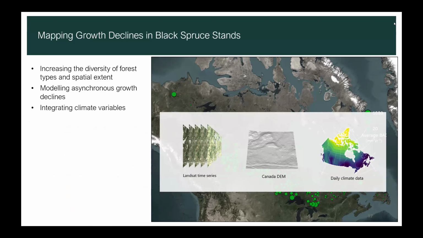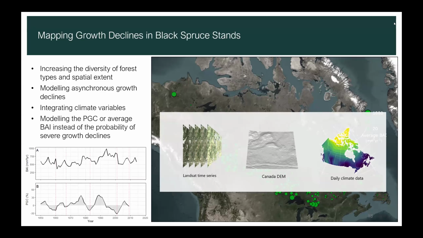But we've decided to include climate variables, which we can extract in the form of raster layers and daily climate data. So we're computing extreme climate event indices such as late spring frost, drought periods, and other events that can have a considerable impact on forest growth.